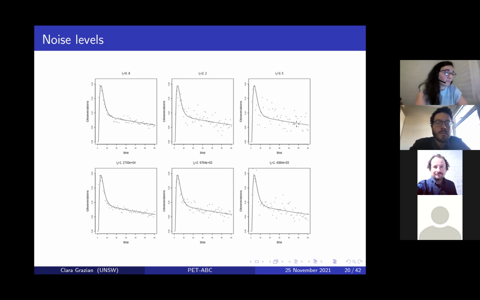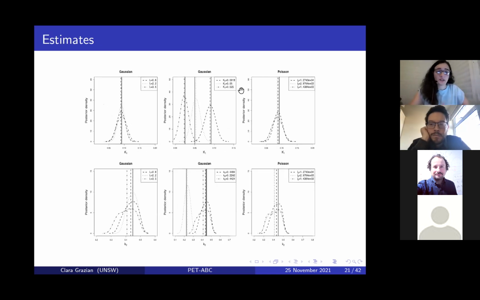And what we obtain is that these are posterior distributions of K1 and K2. I hope you see my cursor. So the top row is for K1 and the bottom row is for K2.